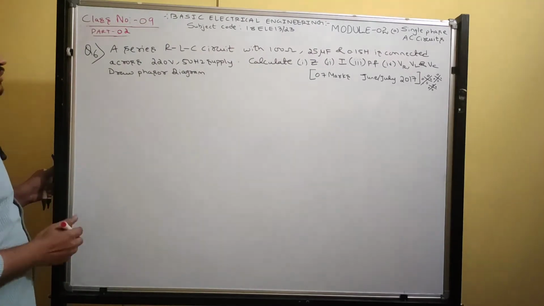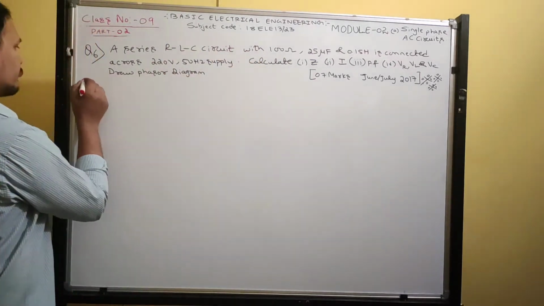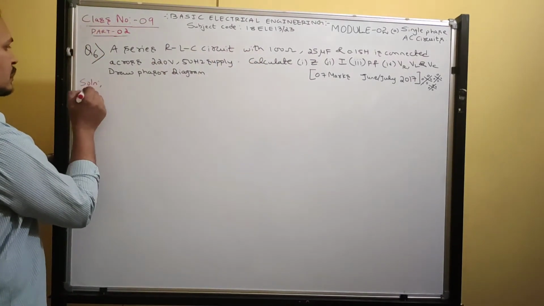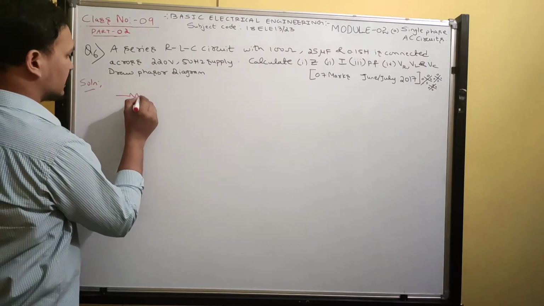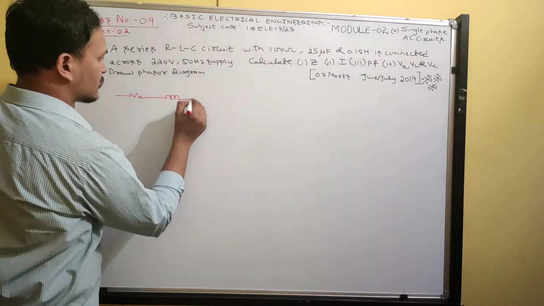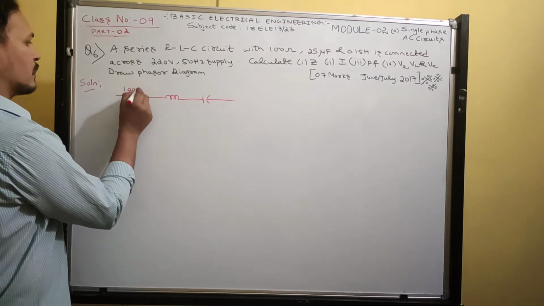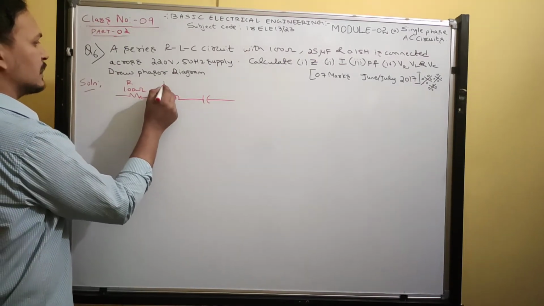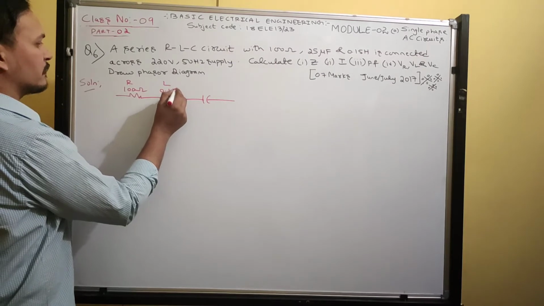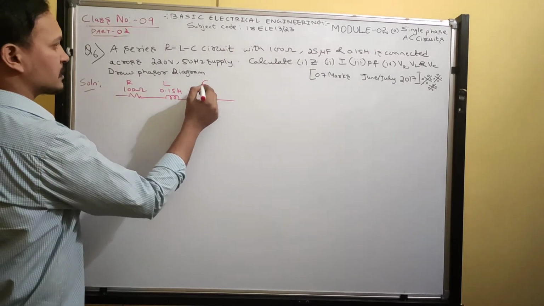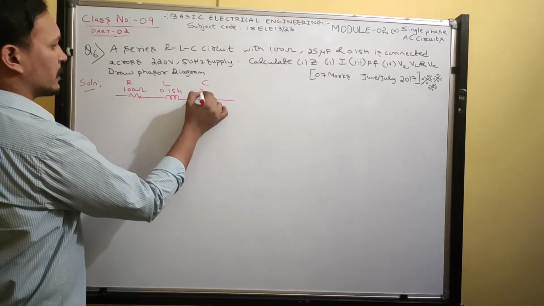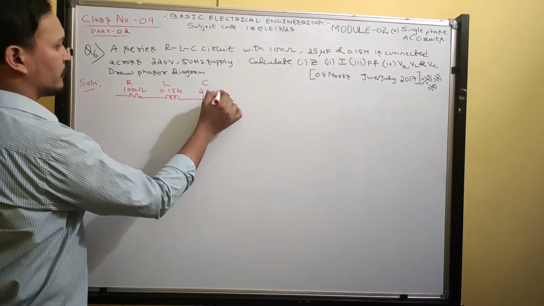Very, very important question. What type of circuit? Series circuit with resistance, inductance and capacitance. The resistance is 100 ohms, inductance is 0.15 Henry, and capacitance is 25 microfarad.